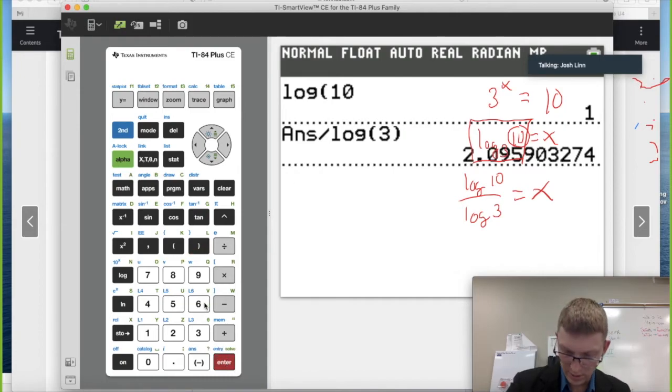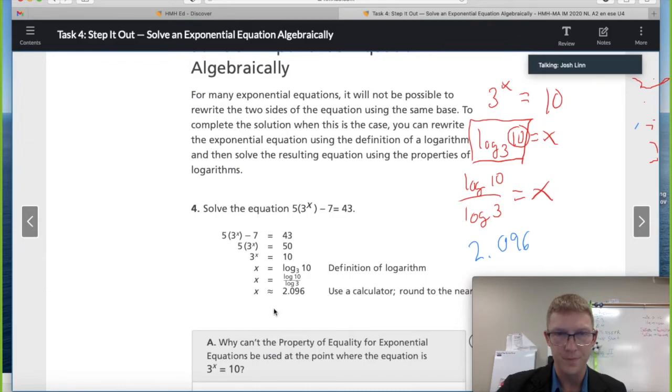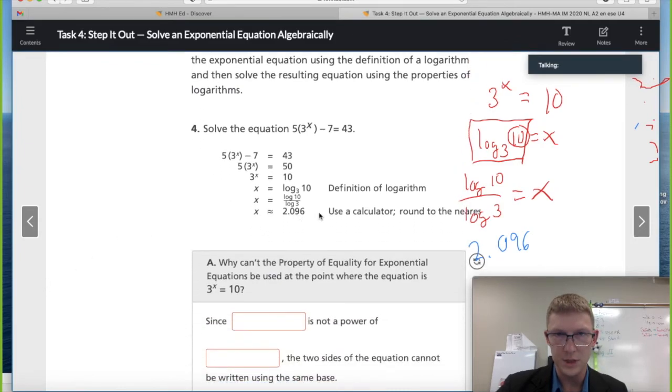And so we are going to get 2.096, which is what they got.